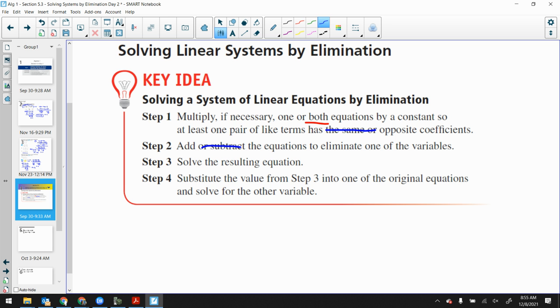And you know what? It's a train wreck. Because if I let you do subtraction, that means that you have the option of putting the numbers the same. But if you don't distribute that subtraction sign when you go to subtract, it all goes to crap. So I think it's better. I've seen that it reduces some of the errors if we just say make them opposites so that you only need to add.